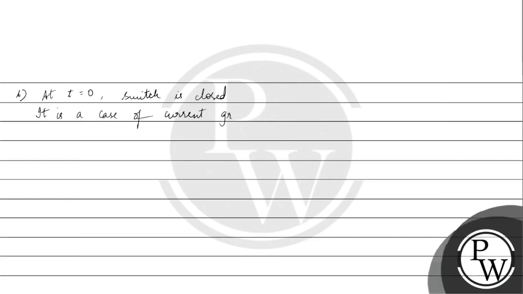So we have I naught to be calculated as the induced EMF divided by the resistance. तो previous step से हमें induced EMF का expression मिला B omega R squared divided by 2, and अभी the current will be B omega R squared divided by 2R.